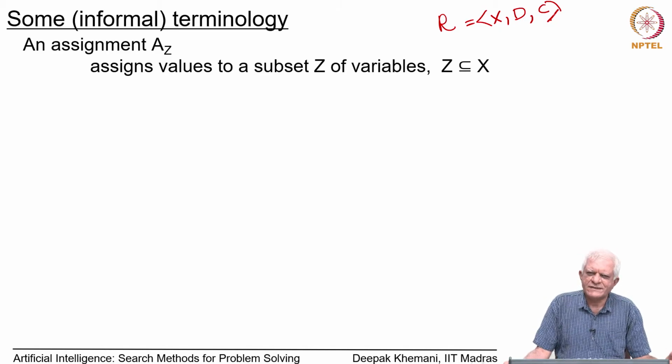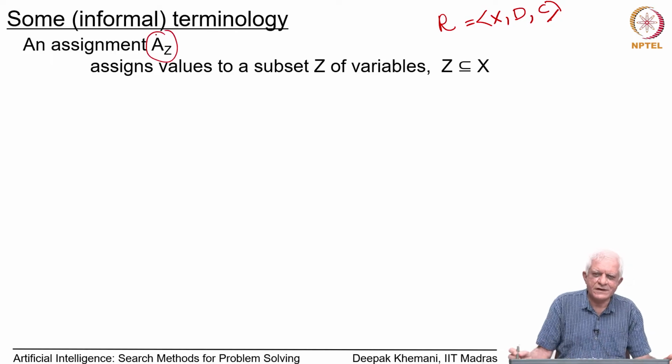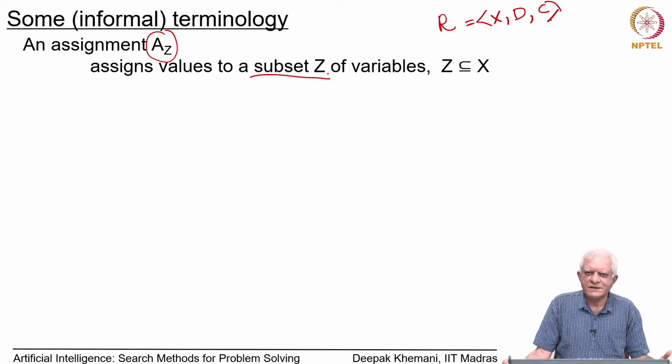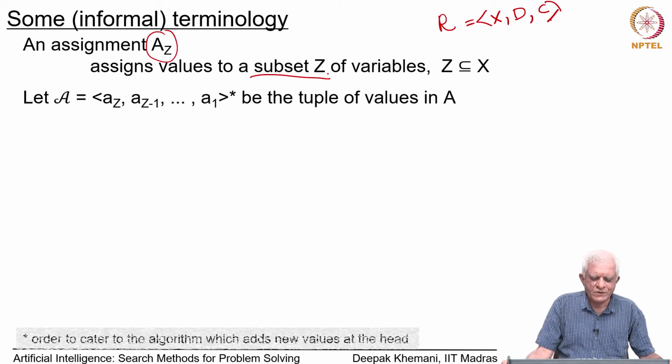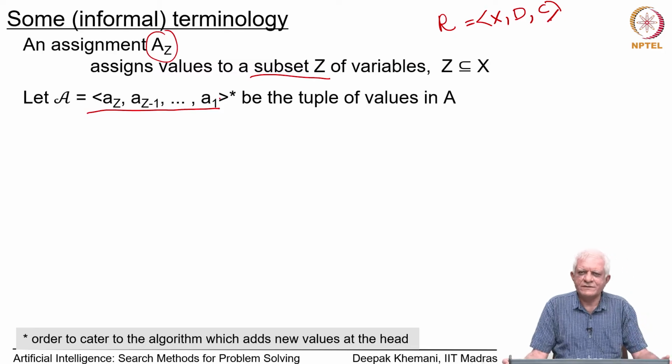So, we will look at the assignment as a vector in a short form and call it A. In this particular case, A subscript Z, because we are talking of a subset Z of variables of X. So, this assignment is a partial assignment; a complete assignment would be over all the variables. Instead of writing that x1 is equal to a1 and x2 is equal to a2 and so on, we will adopt, as is commonly done, a simplified form in which we only write the values.